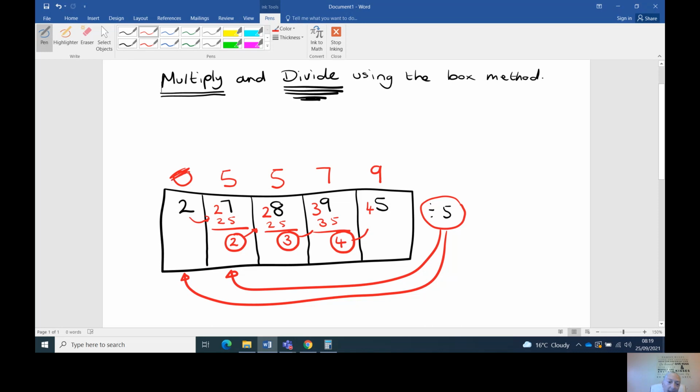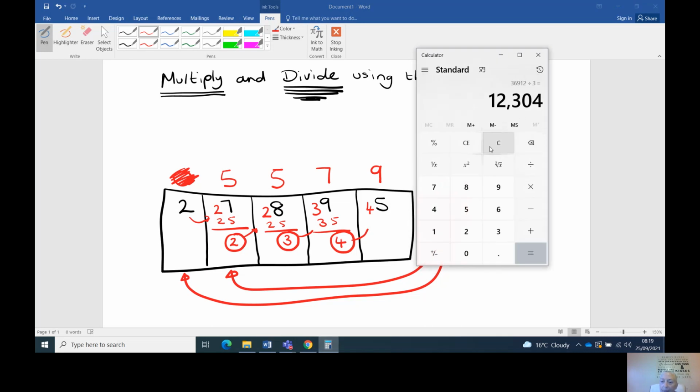So our answer, we can ignore that. Our answer is 5, 5, 7, 9. Let's just double check. Okay, so it's 2, 7, 8, 9, 5 divided by 5 equals 5, 5, 7, 9.